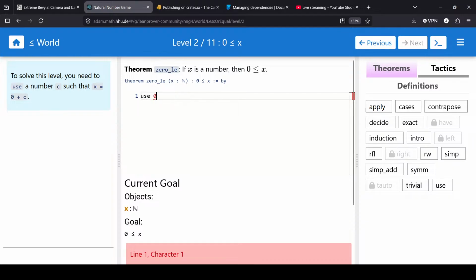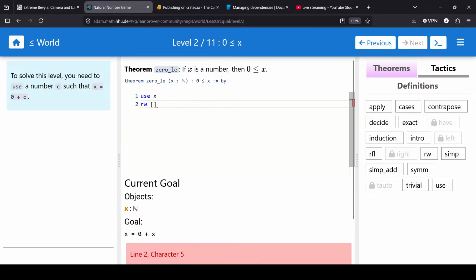Wouldn't I just use 0 again? You need to use a number c such that x equals 0 plus c. Oh, well then it has to be x.